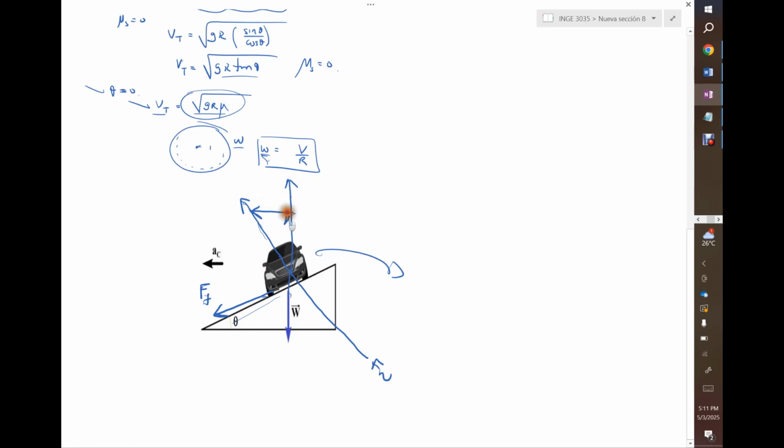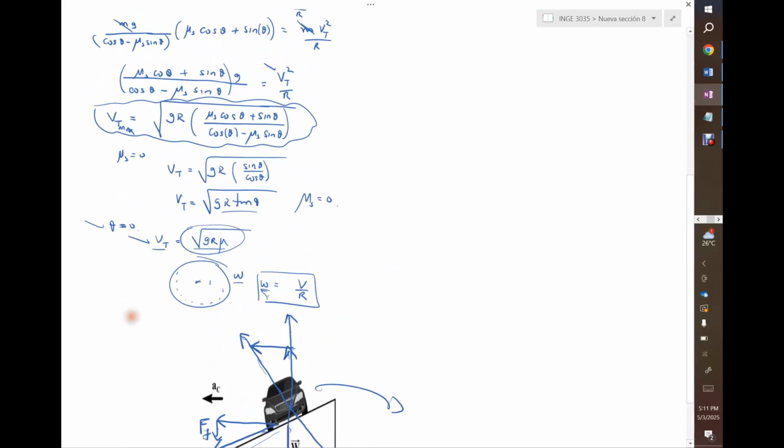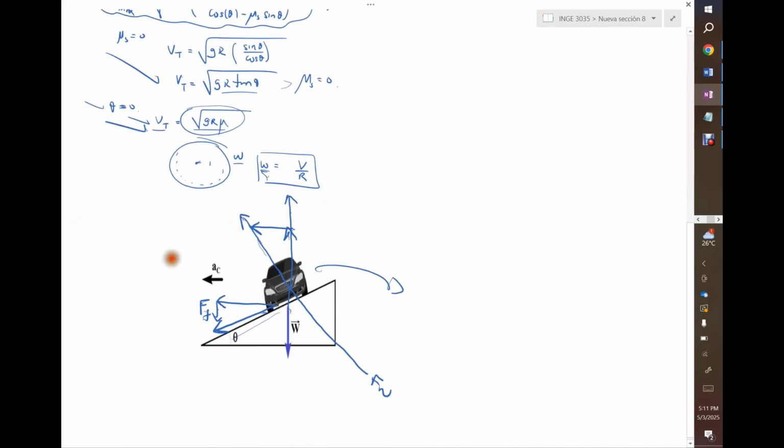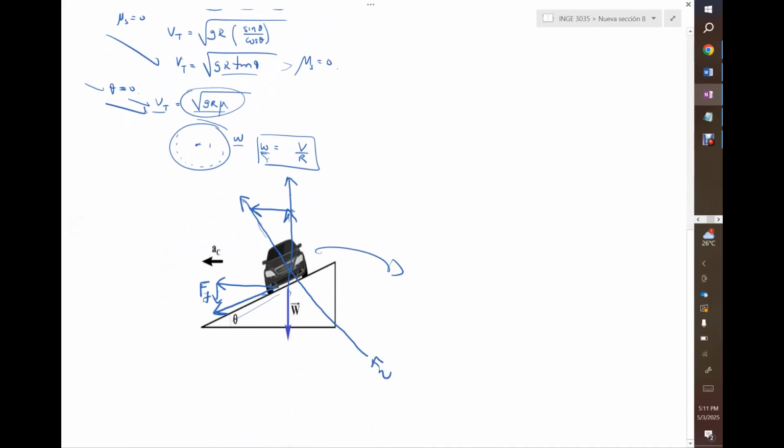And Ff has to be broken as well into two forces, one on the X and one down. If you do that, that's how we derive the equations shown here, based on not wanting the car to bank out from the curve.